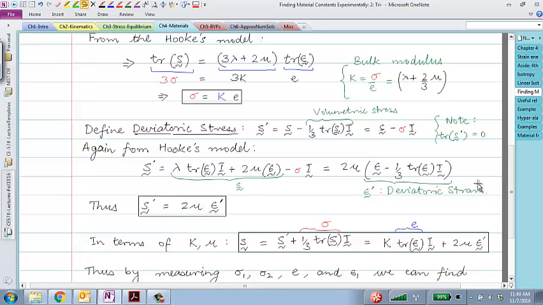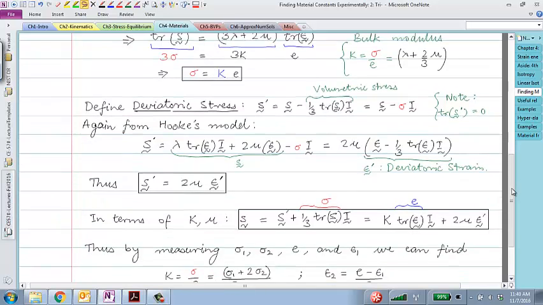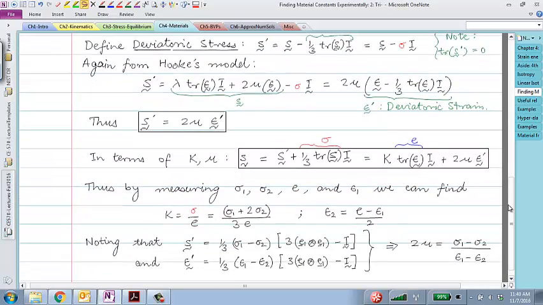And that's a relationship that we combine often with the bulk modulus and shear modulus to define a hyperelastic material. So the stress is equal to that definition of the deviatoric strain, which can be written as the bulk modulus times volumetric strain, which essentially is dilation times identity, plus 2 mu deviatoric strain.